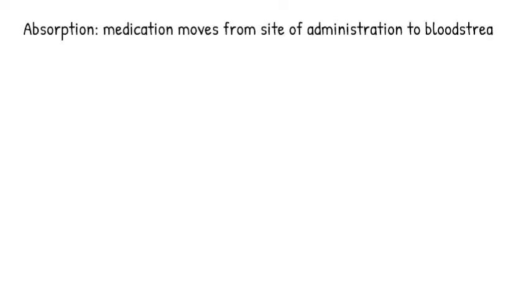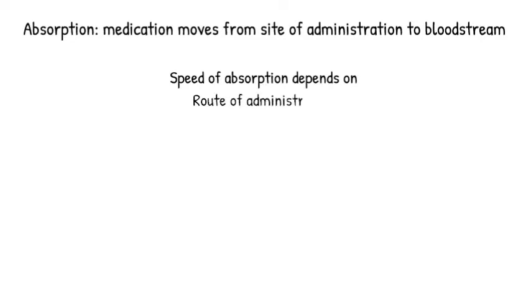And there are certain things that may impede or impair the speed of absorption. That can be the route of administration, whether the medication is IV or PO, topical. Say if the patient has scars or tattoos that may impede or impair the rate of administration of a transdermal patch.